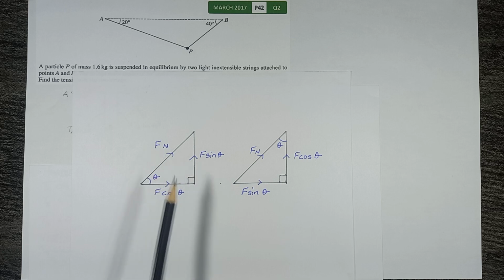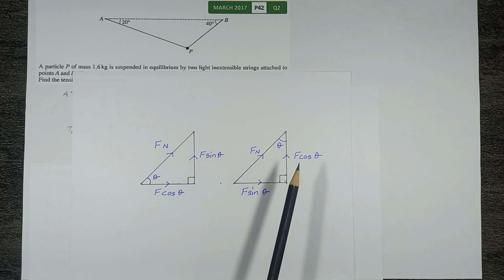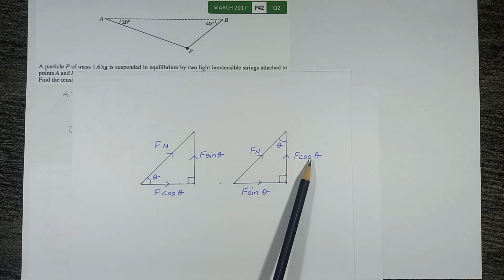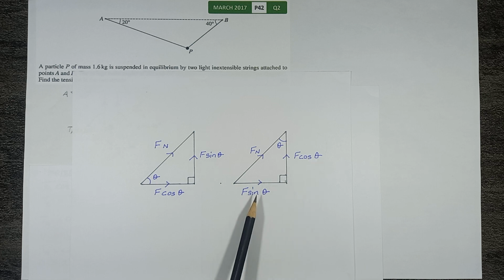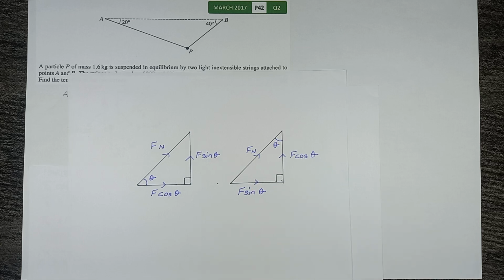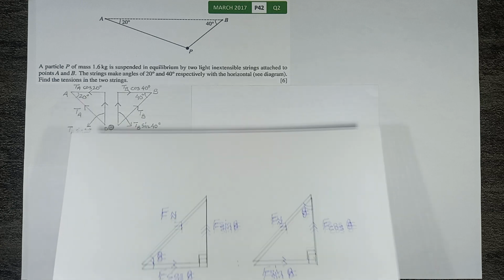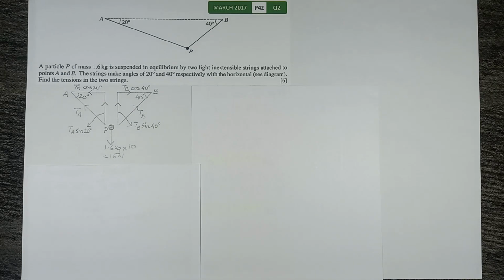And if we have an angle over here, then the side next to that would be the cos component, and the opposite side would be the sine component. So it depends upon where the angle is, and based on that angle we can say which one is the cos component and which one is the sine.